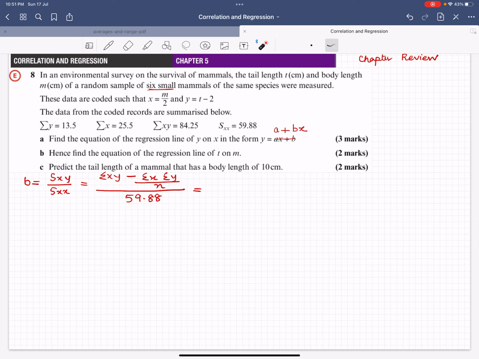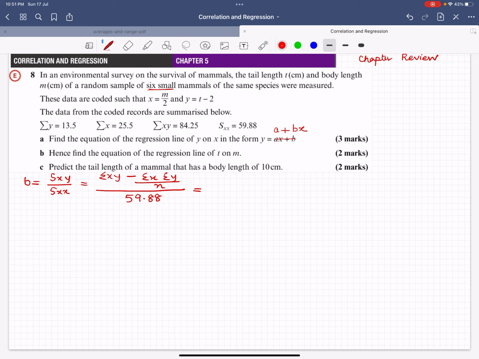Now we can substitute for the numerator the value of sxy. So we need to substitute sigma xy, that is 84.25, sigma x, that is 25.5, and sigma y, which is 13.5, and the number of small mammals is 6, so n is equal to 6. So let's substitute all the values.